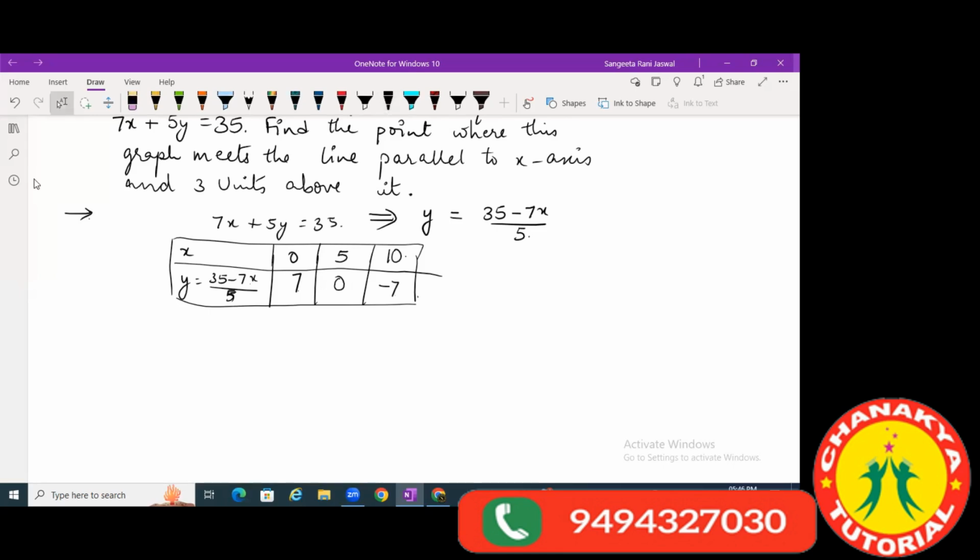No, if you take x as 7, then this will be 49, and 35 minus 49 will again give you something else. If you take your x as 0, then this term will become 0. 35 is divisible by 5. That will give you 7. Ma'am, so only 0, 5, and 10 are the possible points we can take? No, there can be many values. But I am taking those values which are easy to plot on the graph. Yes, ma'am. Okay.